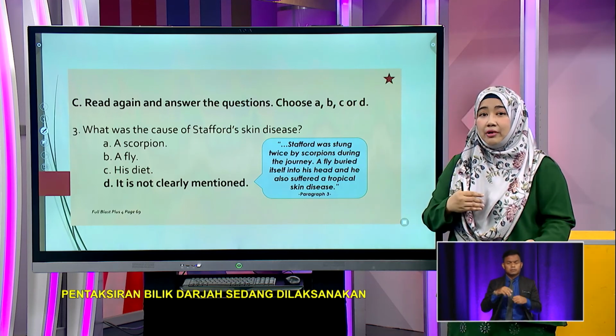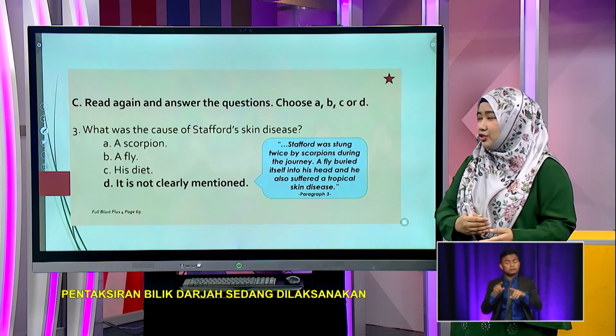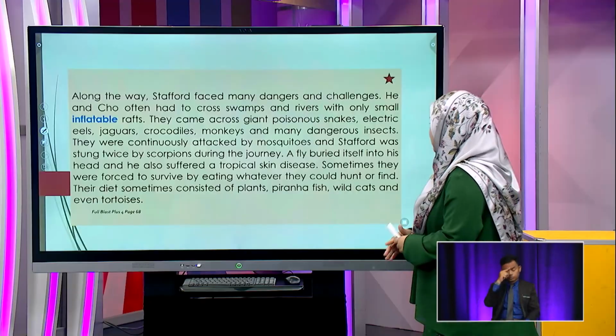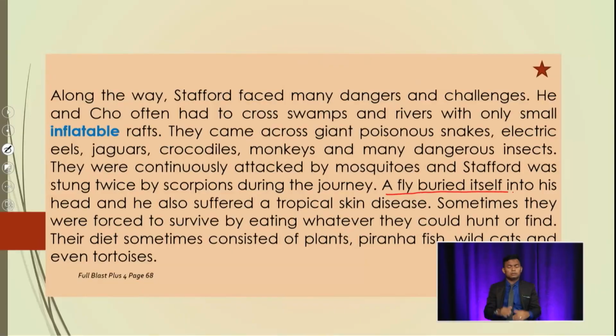But it's not mentioned as to how he managed to get the skin disease. So good job, girls. Well done. Okay, yeah. So for viewers at home, you can find this one here. There you go. A fly buried itself into his head and he also suffered a tropical skin disease. Yeah, there's no mention of the reason.